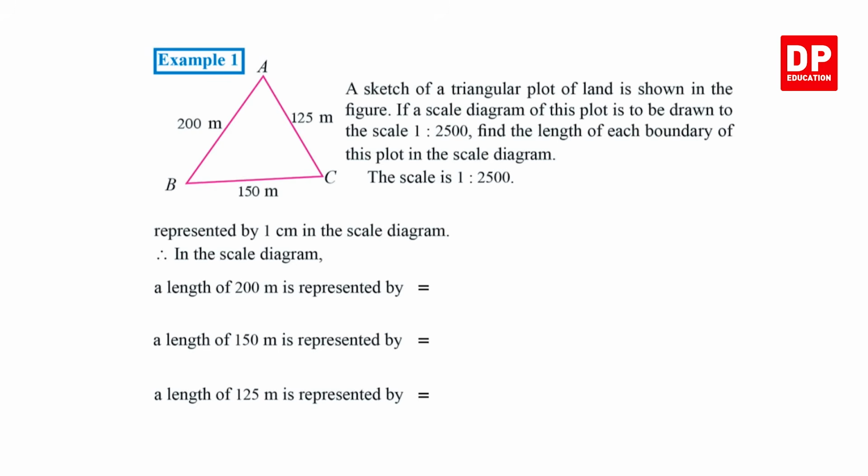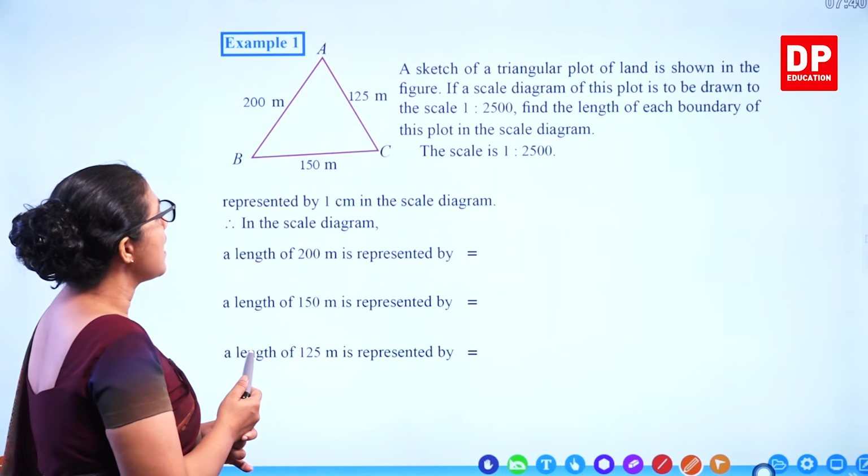Example number 1. A sketch of a triangular plot of land is shown in the figure. If a scale diagram of this plot is to be drawn to the scale 1 to 2500, find the length of each boundary of this plot in the scale diagram.